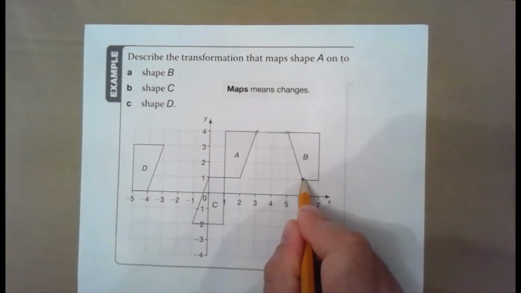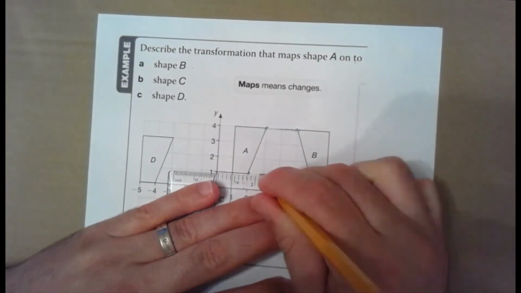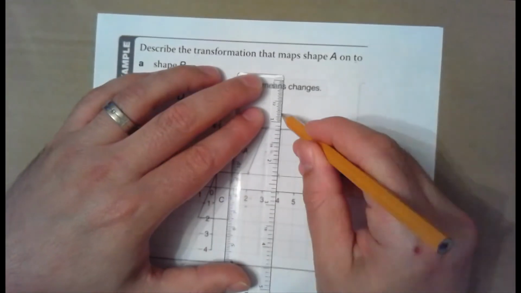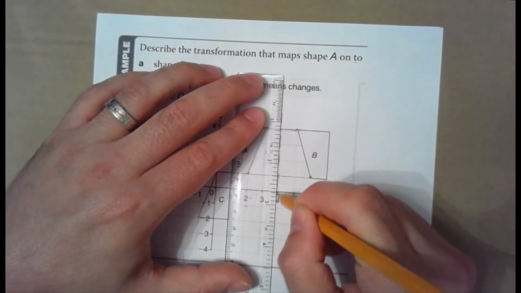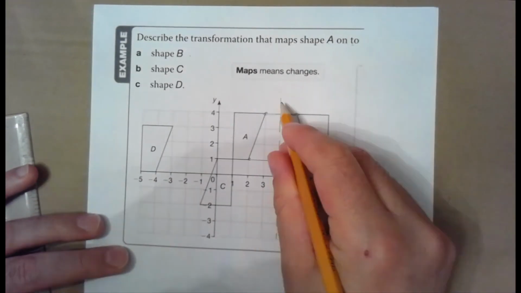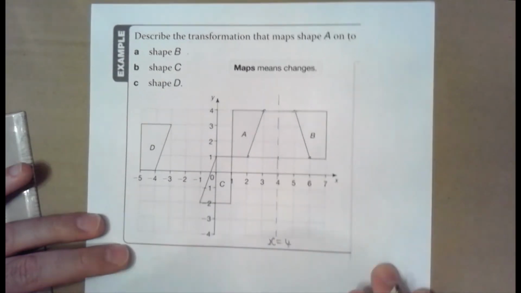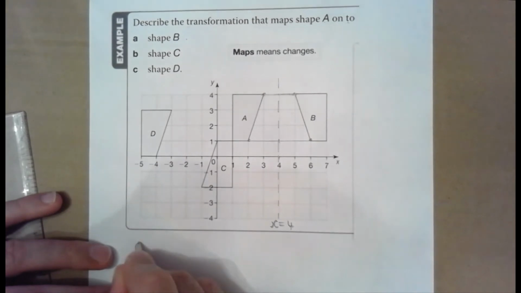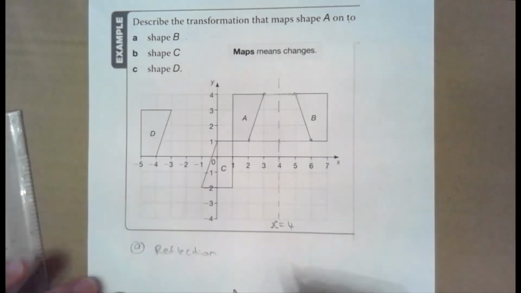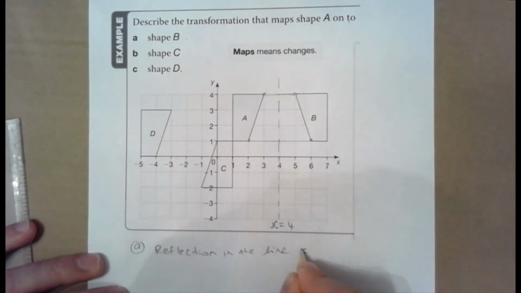Likewise, if I take those two, join them together, the midpoints of those will be here, and that's enough for me to know the mirror line is going to be here. Okay, and now that's the line when x is 4. Okay, so we can describe this as follows. So A onto B is a reflection in the line x equals 4.